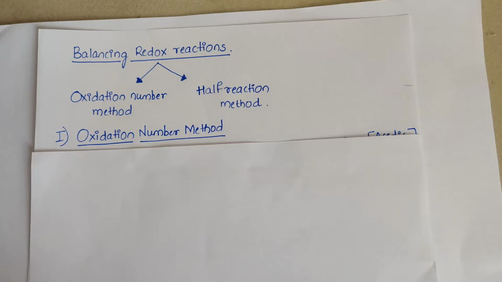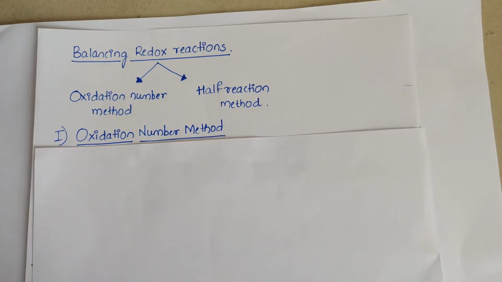So let us consider the oxidation number method. There are certain steps for balancing redox reactions using the oxidation number method. How do you balance a redox reaction using it?